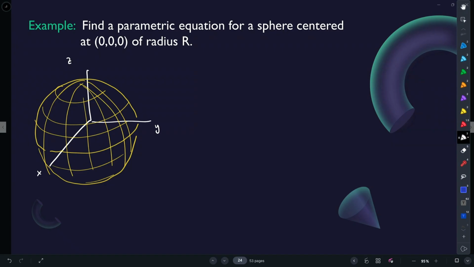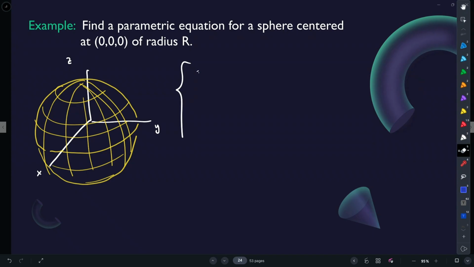So if I parameterize this with spherical coordinates, let's do that before I put x, y, and z. What are the spherical coordinates? I have rho, I have theta, and I have phi. There are going to be bounds.